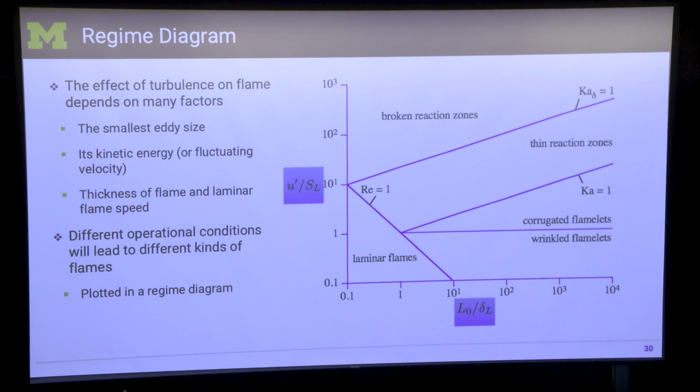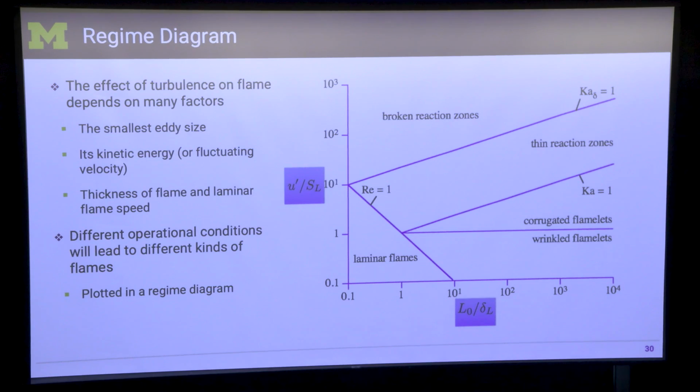U prime over SL, also in log coordinates, these are all log-log plots. And the x-axis is L0 over delta L. So the x-axis is the integral length scale divided by the flame thickness, that's delta L. Y-axis is U prime, which is the turbulent velocity, divided by SL, which is the laminar velocity for the flame.